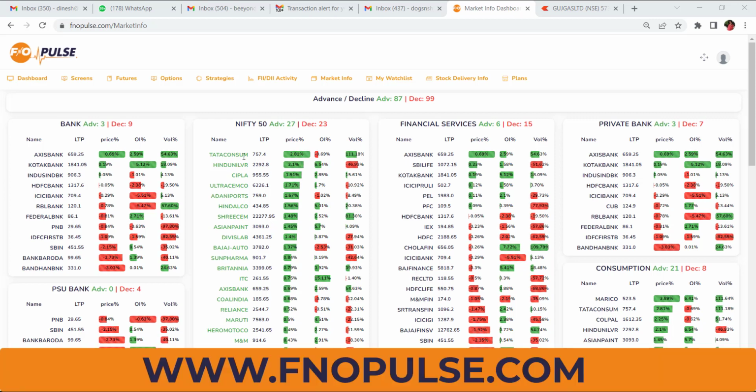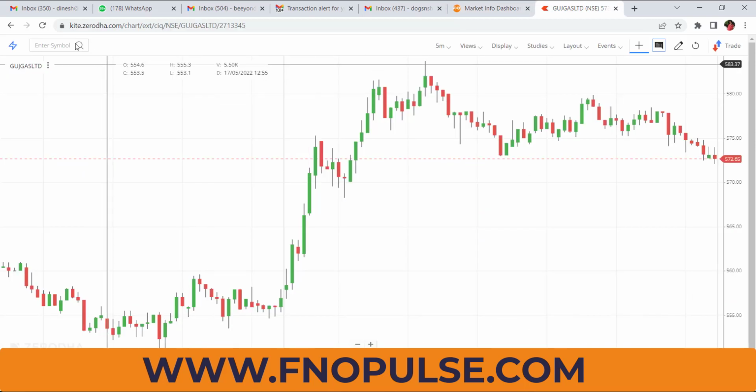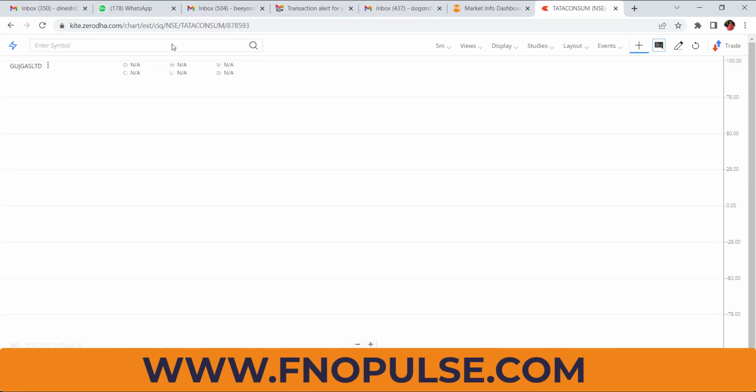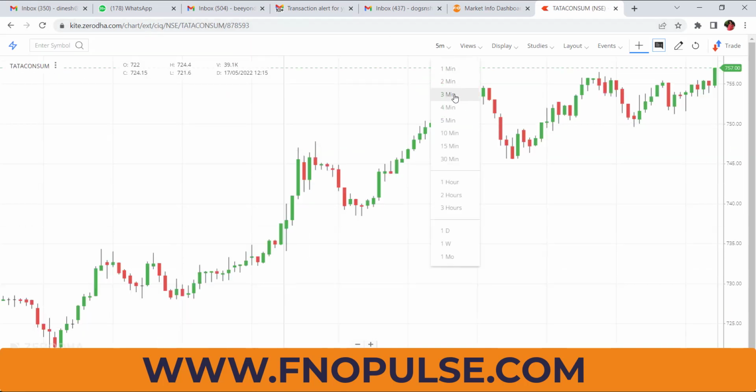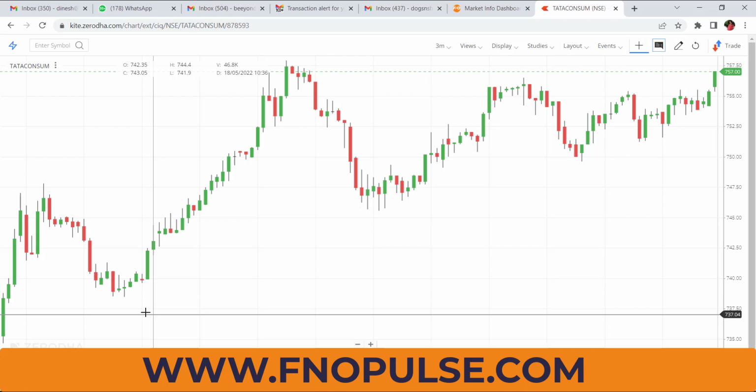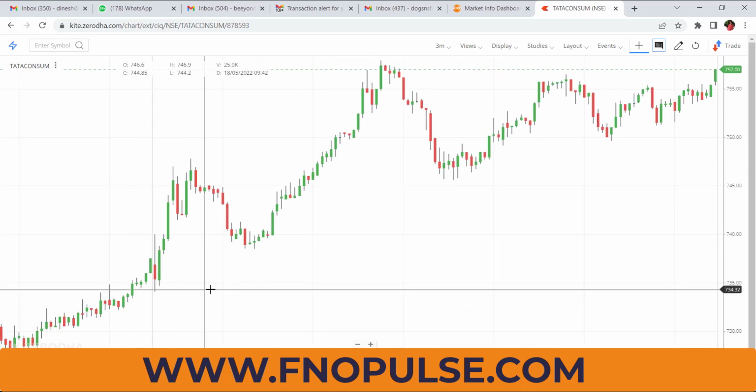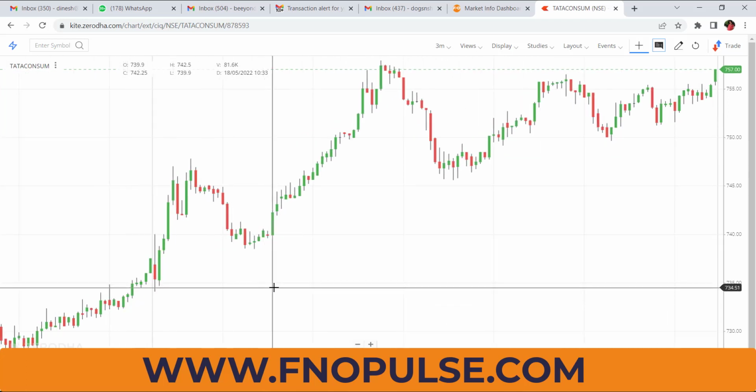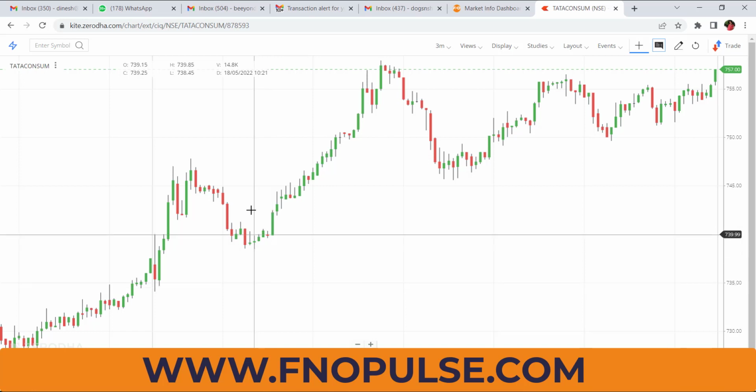For example, Tata Motors. For Tata Motors, when you see there is a price change, because there is a price change in percentage. Tata Consumers. Let's see how it went today for Tata Consumers. See here, from the morning it started like this, and it was breaking the levels.